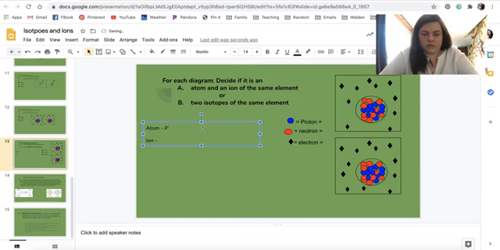So for atoms, the protons, neutrons, and electrons are based on the periodic table. Ions are atoms that have lost or gained electrons.